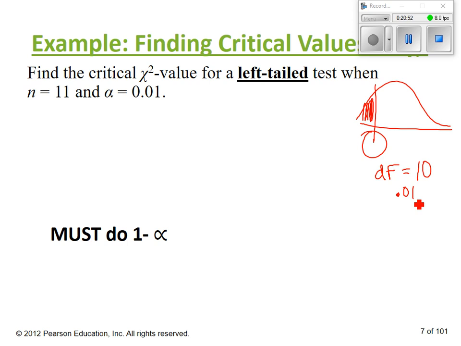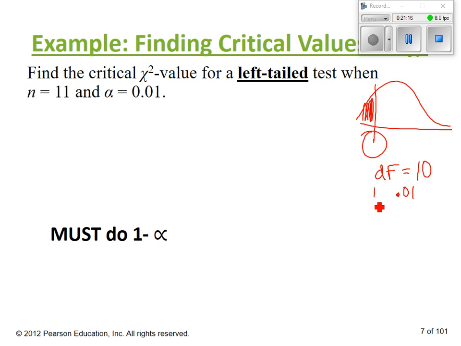So on it, we're going to go down to 10 on the side, and we go over to, I'm sorry, this is wrong because we're doing a left tail. If we were doing a right tailed, we would just go over to 0.01. Since we're doing a left tailed, you got to do this.